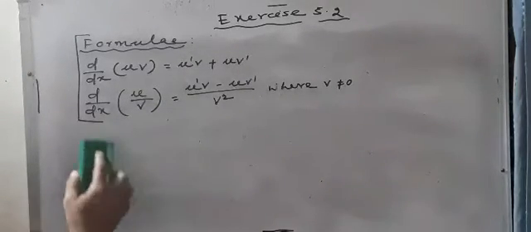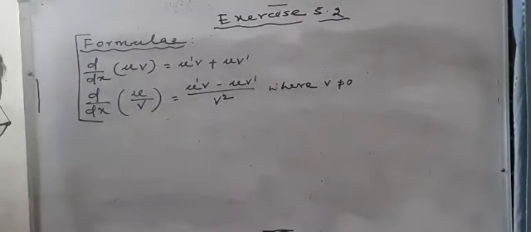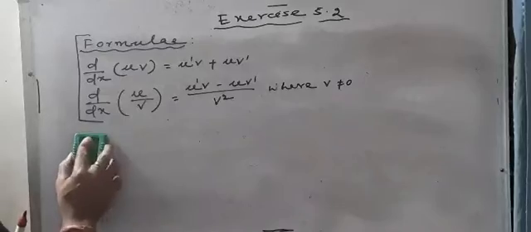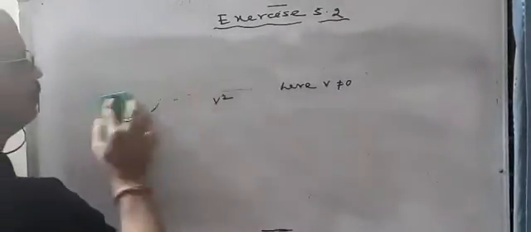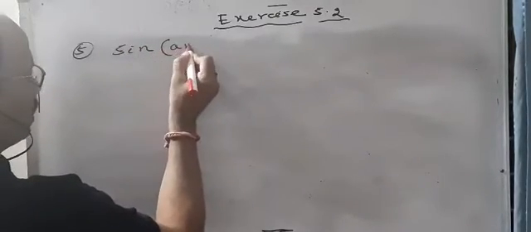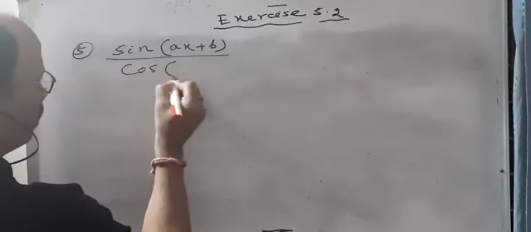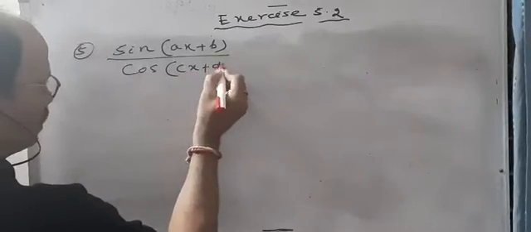So let's solve question number 5. In question number 5, the question is sin ax plus b upon cos cx plus d.